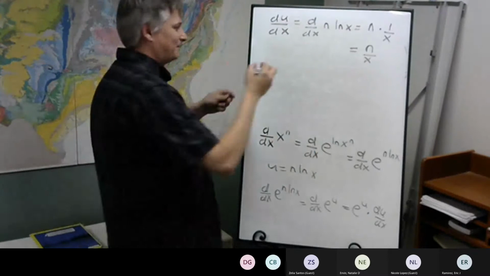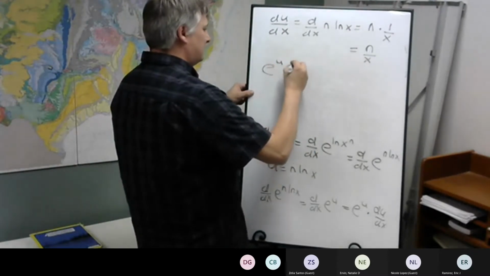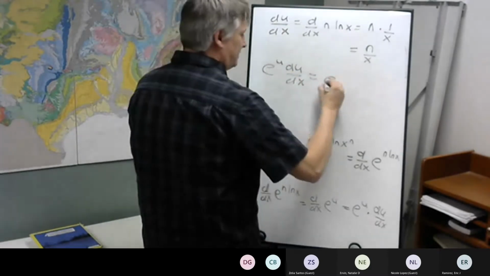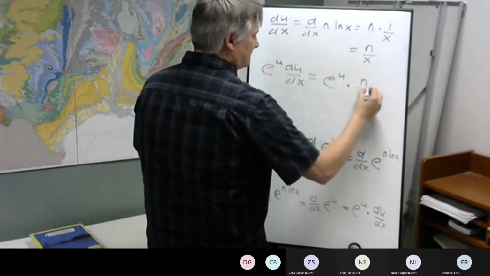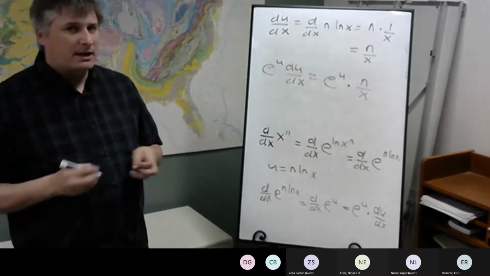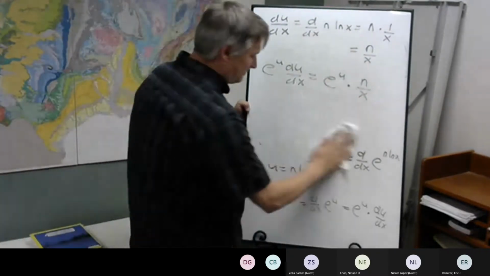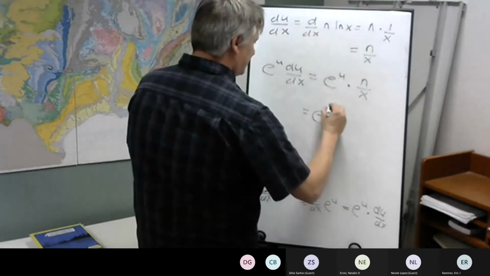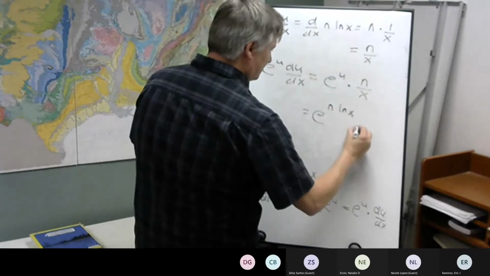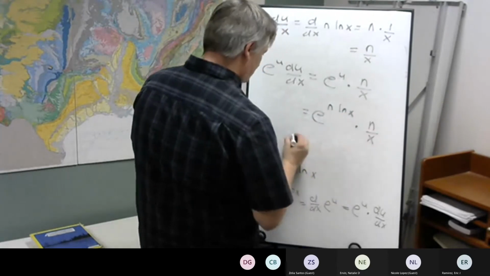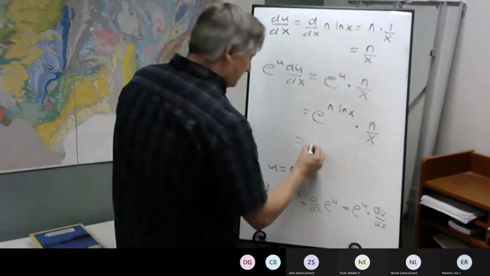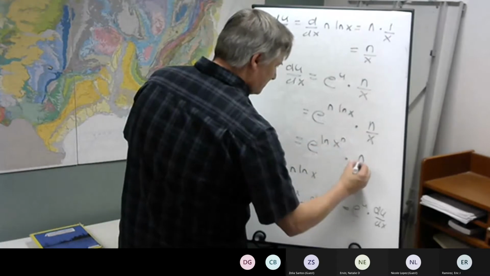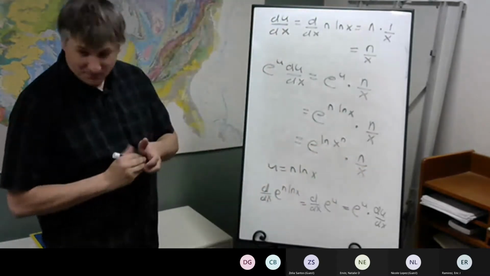So that being the case, e to the u du dx is going to be e to the u times n over x. So now let's bring back u. u was n ln of x. Or e to the natural log of x to the n, times n over x.